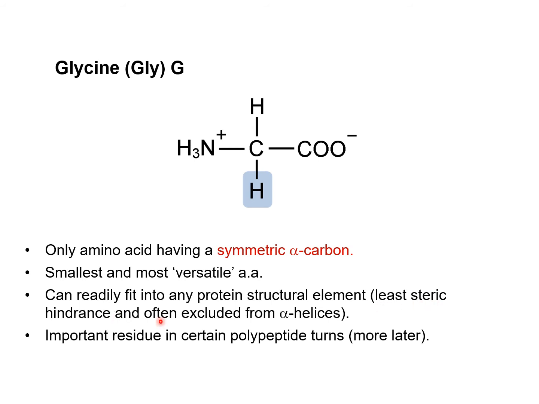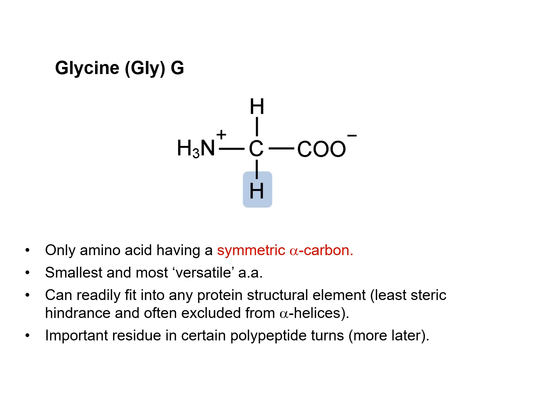It's often also found in the alpha helices, which is a basic structure of the polypeptide. And this glycine is important in certain polypeptide turns too. And a turn is another structural feature of the polypeptide that we're going to discuss much more later in this lecture.